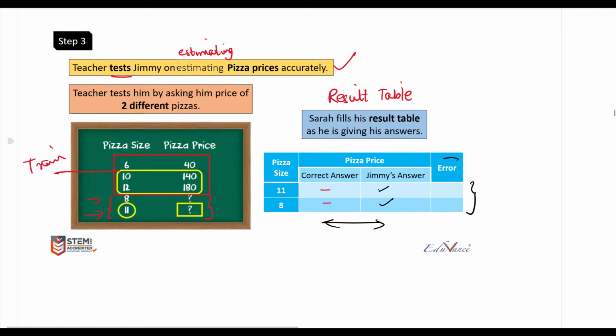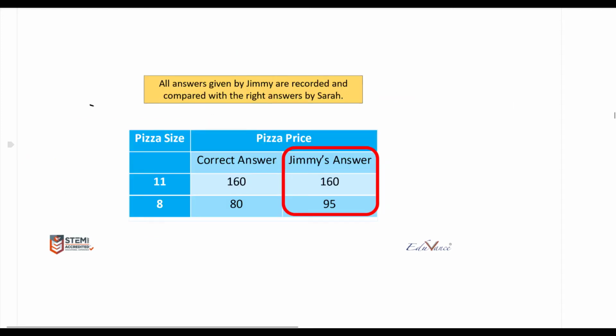As we know in English, the word error also means mistake. So we are calculating the amount, I'm taking a grammatical liberty, the amount of mistake that Jimmy has made, and this is the error that is calculated here. So let's go ahead and look at what values Jimmy gives us. Now, when the teacher asks Jimmy for an 11-inch pizza, what is your answer?